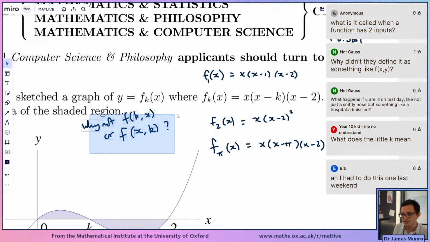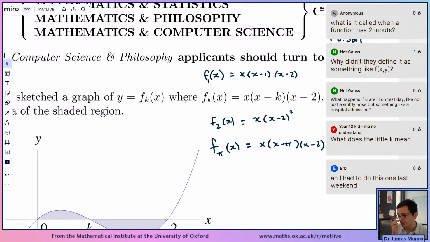And I think this is a sort of differentiation question, so we are going to be doing some integration and stuff with respect to x. It's a way of kind of highlighting one of the variables. Anyway, what is it called when a function has 2 inputs? It's a multivariable function. Is that a real phrase, or have I made that up?